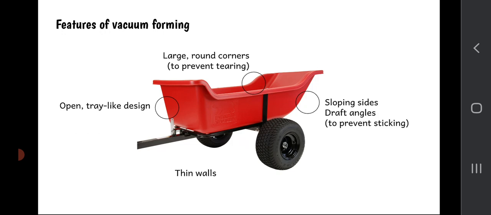And there are sloping draft angles again. In vacuum forming, they can be quite generous, quite easy to spot, unlike in injection moulding where they're quite difficult to spot. But in vacuum forming, the slopes are obvious. And again, because it's a sheet material, we would expect vacuum formed objects to only be made of thin sheet materials and having thin walls.